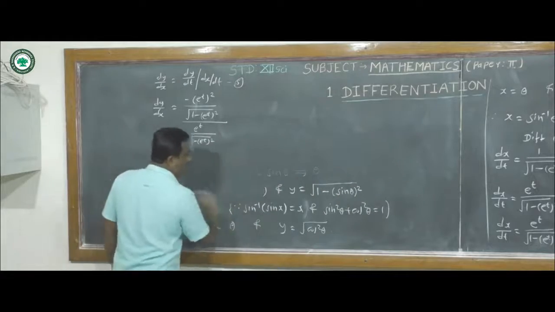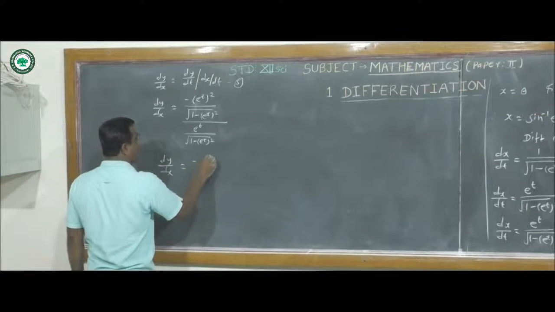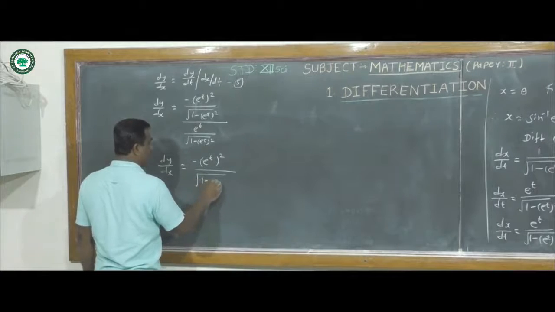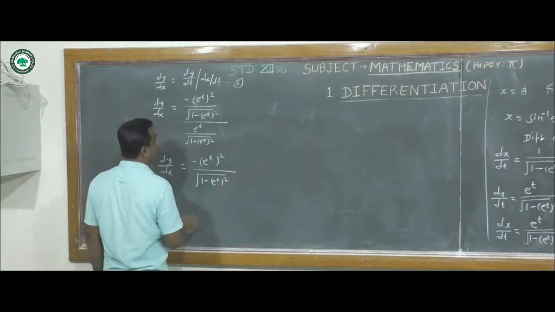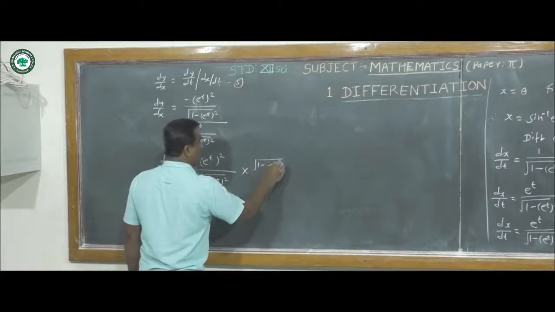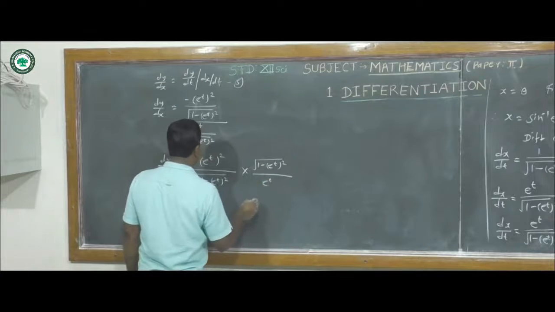Now taking the reciprocal of the denominator term, we can write dy by dx equal to minus (e raised to t) square upon under root 1 minus (e raised to t) square, into under root 1 minus (e raised to t) square upon e raised to t.